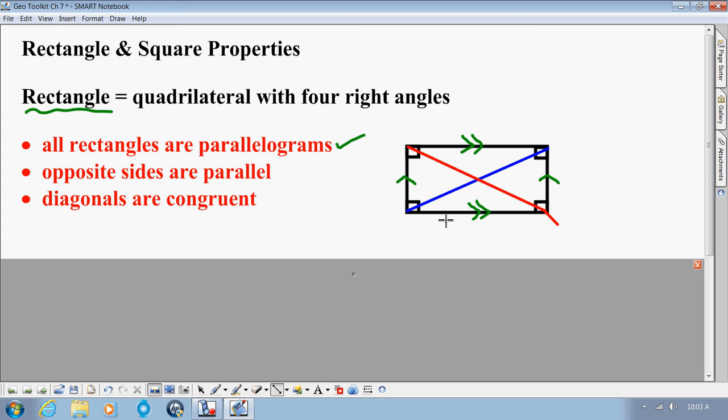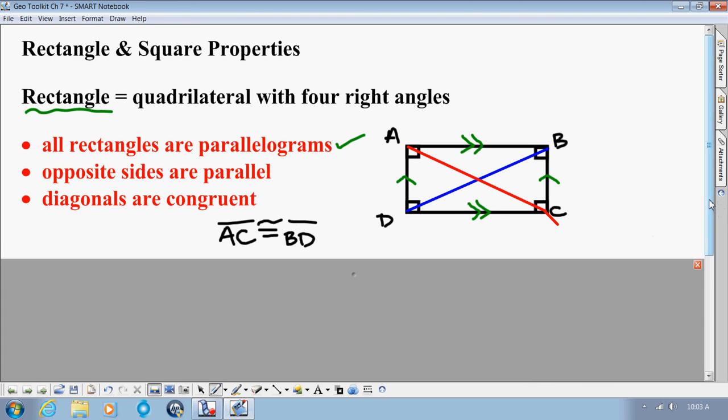So that means that these two diagonals here, the red one and the blue one, if I call this A, B, C, D, I could say that line segment AC is congruent to line segment BD, and that is true for all rectangles.